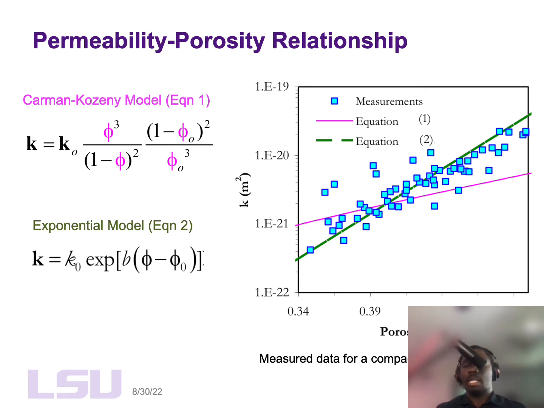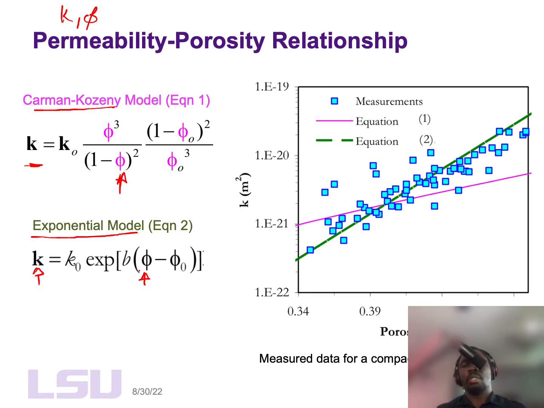I point out that permeability is typically related to porosity. There are several different models that can be used. I'm just showing two of them: the Kozeny-Carman model, which is popular, and then the exponential model, and it basically just relates permeability to porosity in both cases.